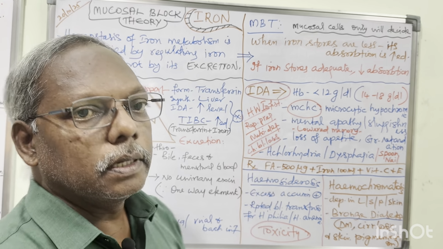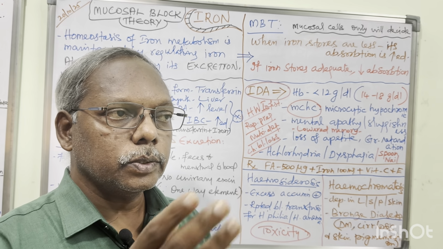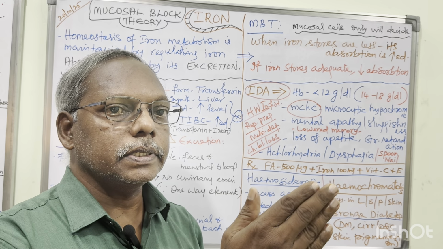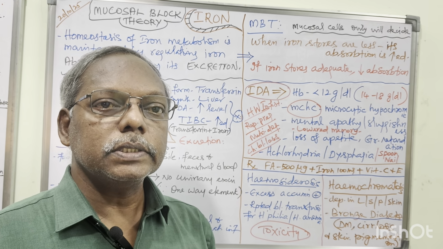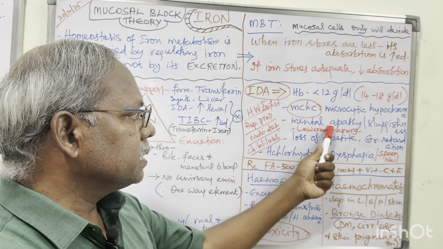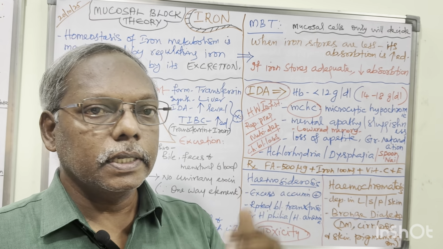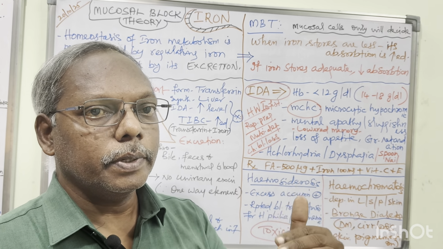Next one is disorders involved in iron metabolism. We have 2 disorders. One is deficiency, which leads to iron deficiency anemia, and excess amount of iron will produce toxicity. For iron deficiency: manifestation, normal level, clinical features and causes, why it happened, how it occurs.